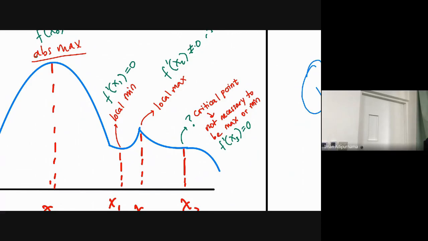But what is happening here? When you go here, the gradient is positive, right? You go here, the gradient is negative. But what about this exact point, the corner? We cannot define it with a tangent line.